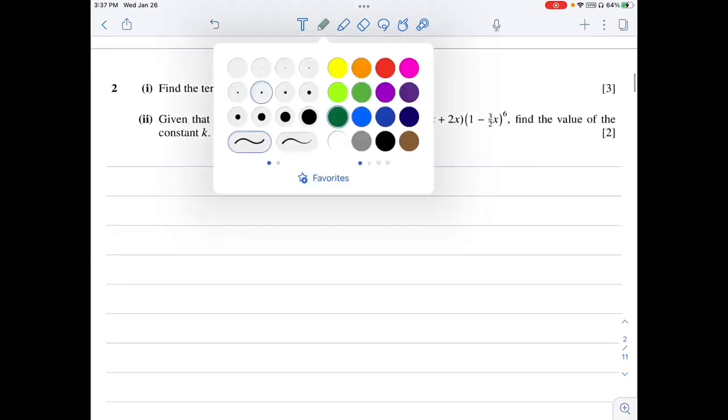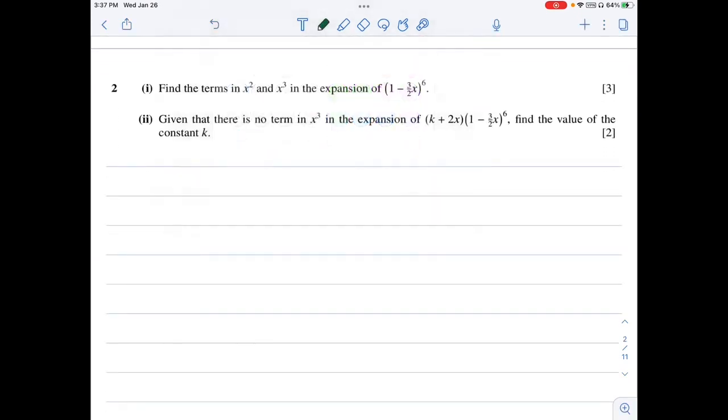Question number 2. Find the terms x square, x cube in this expansion. So I just write the general term, 6 C r, 1 to the power of 6 minus r, minus 3 upon 2x whole to the power of r. As such, I want x square.